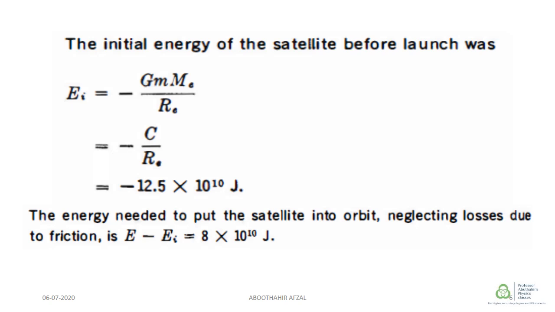Now the initial energy of the satellite before the launch is given by minus GMm by Re, that is minus C by Re, putting the value of Re, the radius of the Earth, minus 12.5 × 10⁻10 joules. Now the energy needed to put the satellite into orbit is the difference between the two energies, E minus Ei, so that will be 8 × 10⁻10 joules.